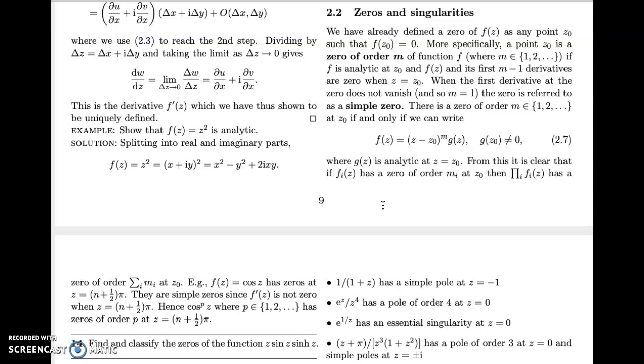That would be an example of a simple zero, simply because the first derivative, the gradient f dashed at that zero, because it crosses the x-axis at an angle, is not 0. So the simple geometric interpretation of a simple zero is when the graph of f of x crosses the x-axis at an angle. In the case of higher order zeros, f of x will be tangent to the x-axis at that zero.